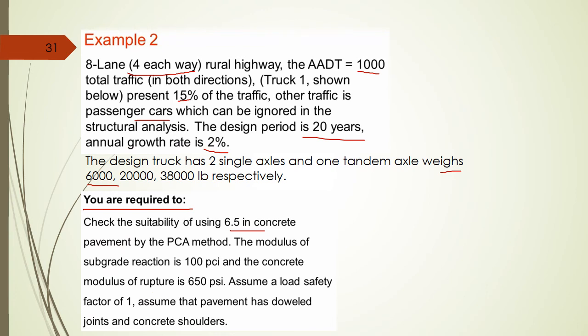By the PCA method, we are given the modulus of subgrade reaction is 100 pounds per cubic inch, the concrete modulus of rupture is 650 pounds per square inch, and assume a load safety factor of 1, so it is a small volume road. Assume that the pavement has leveled joints and concrete shoulders.